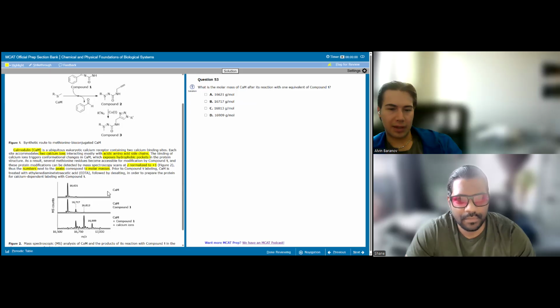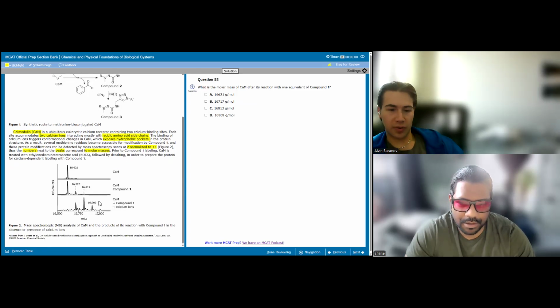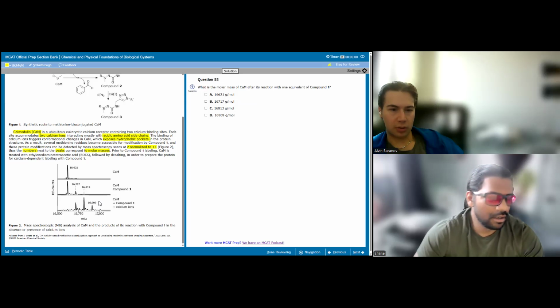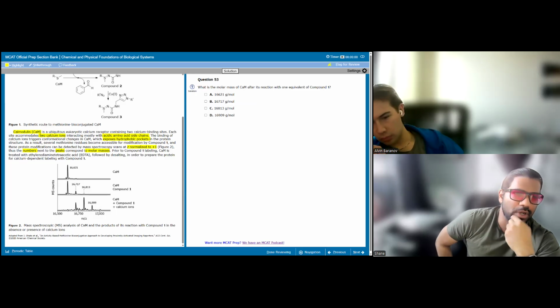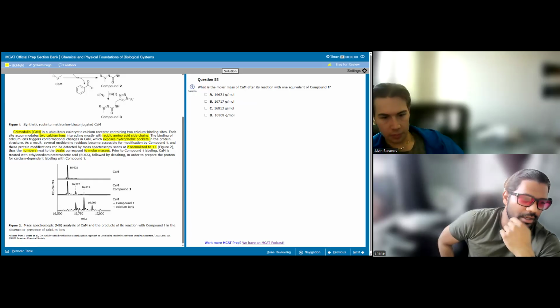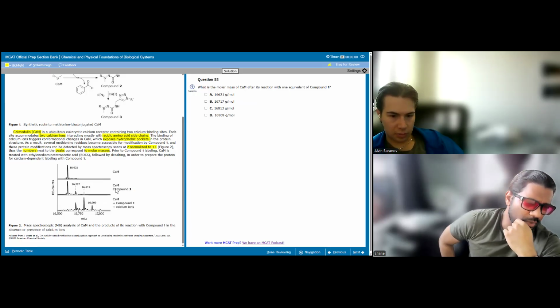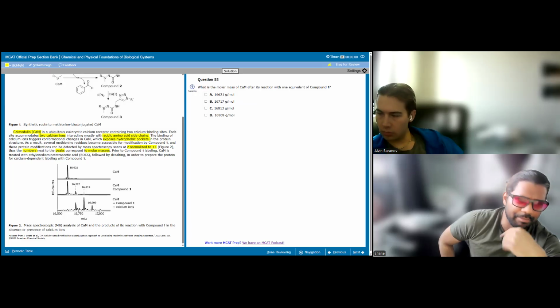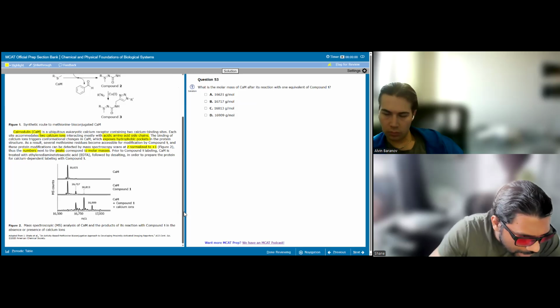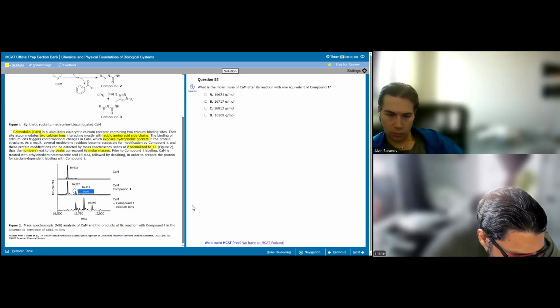This is more so just my struggles with mass spectrometry. The molar mass of CAM after its reaction with one equivalent of compound 1. CAM on its own is 16,621. And then this is CAM plus compound 1, so you get something here and here.